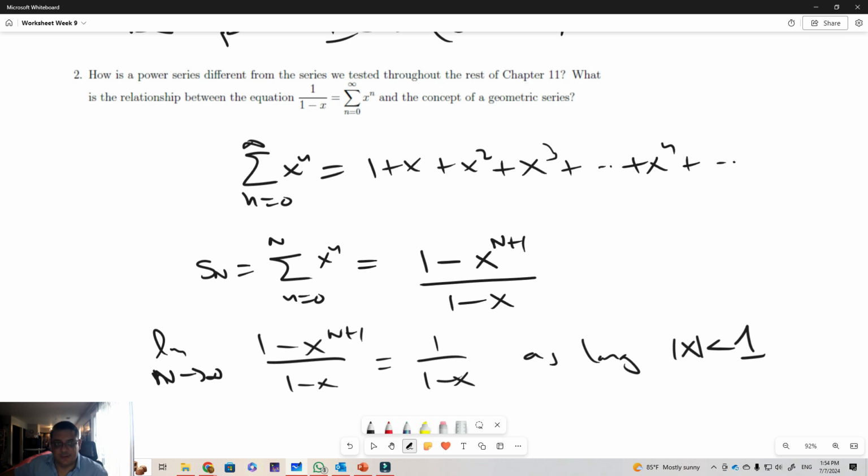And so this is very similar in concept to the geometric series. The only thing that is changing is that you have an x that you don't know what it is, but as long as the absolute value of x is less than 1, then you can still have this relationship.